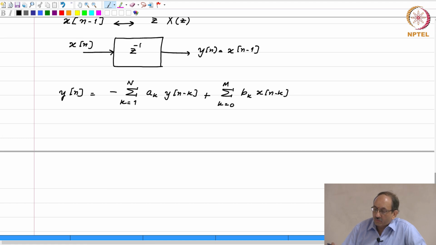So, here we will do something similar. We will transform this into the z domain. This after all is the input output relationship.